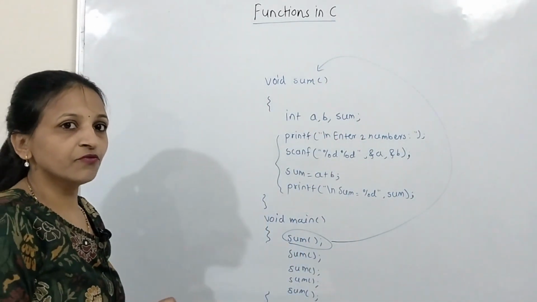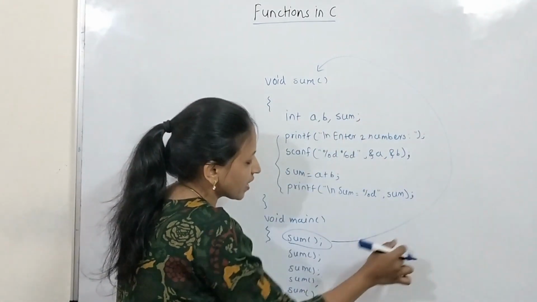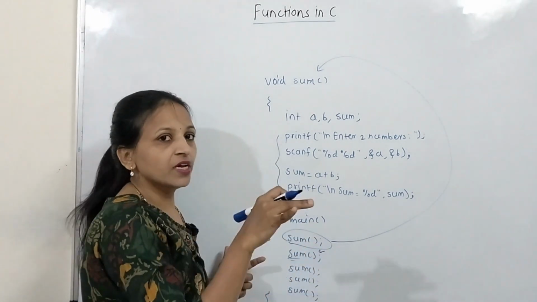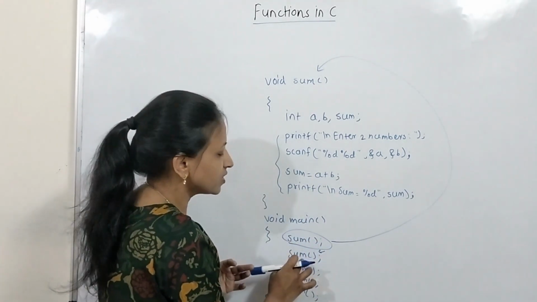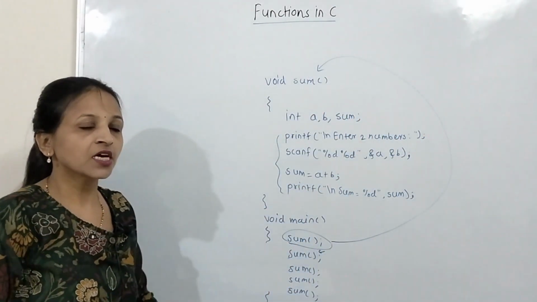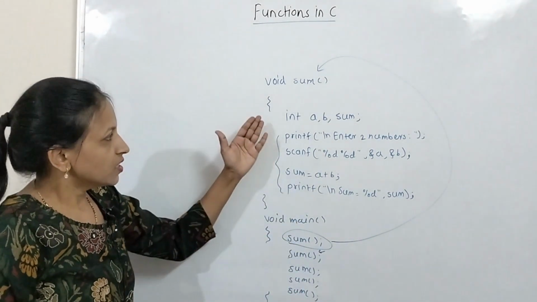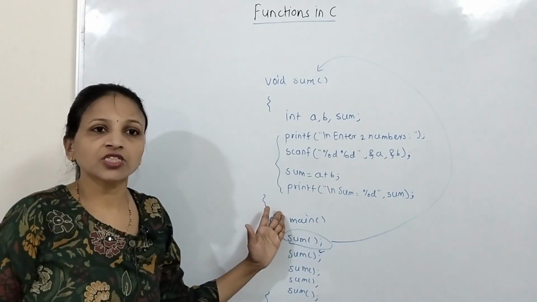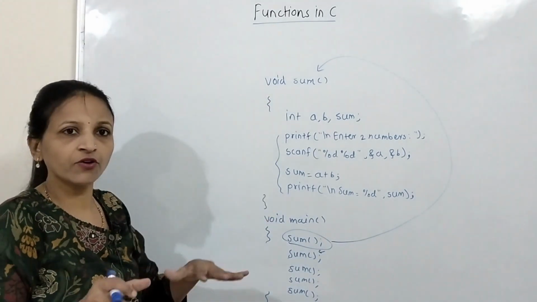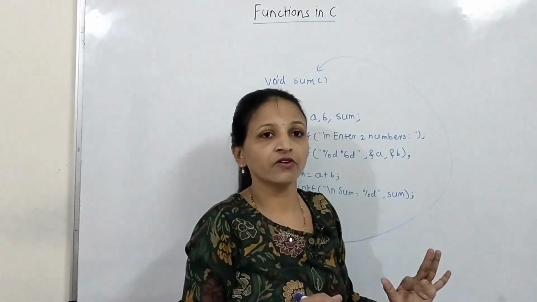That will be the first time. Then control comes back to main, and the next instruction of main is executed. Again I am calling the same function, so control goes there and executes the same statements. In this way, again and again, all the statements inside this function get called. This repetitive task we have written only once and we are just calling it again and again.